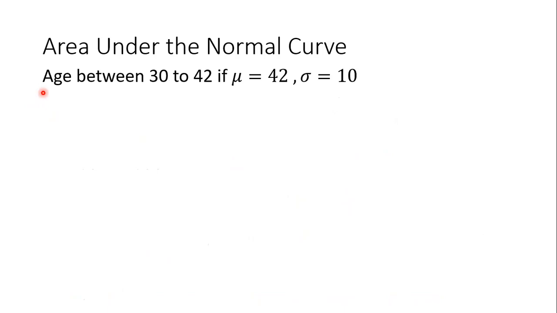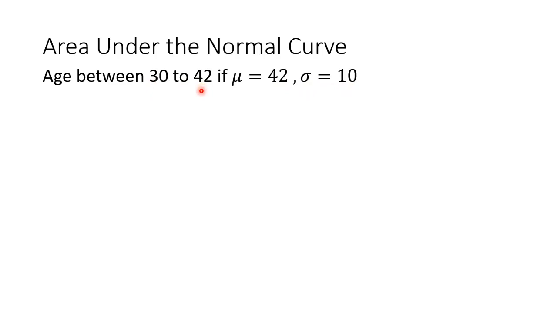Now, let's talk about age. Let's say you have the entire population and then you identify that the mean is 42 with a standard deviation of 10. And then you are concerned with the probability of how many of the entire population have the age between 30 and 42 years old.